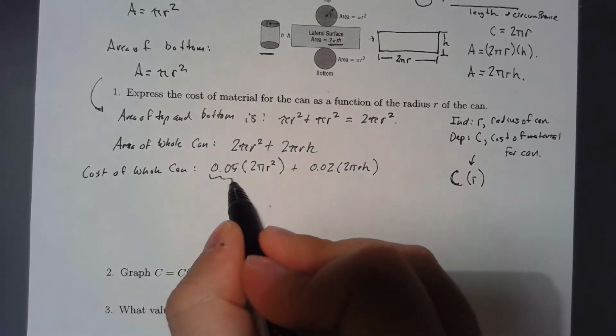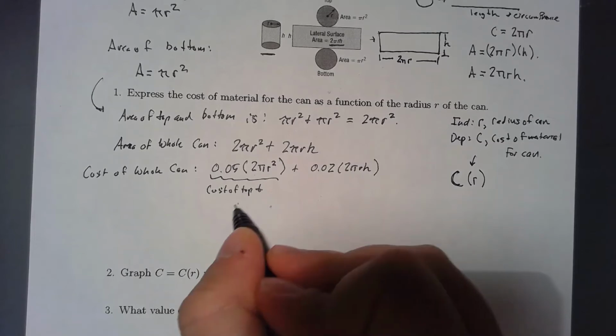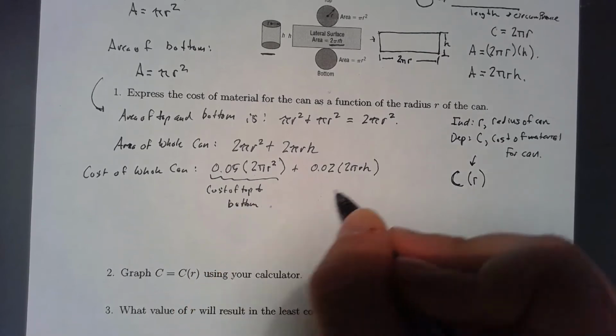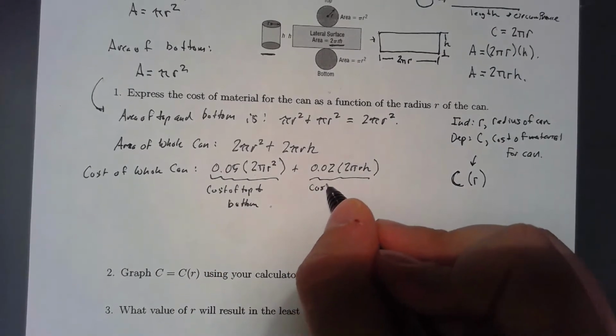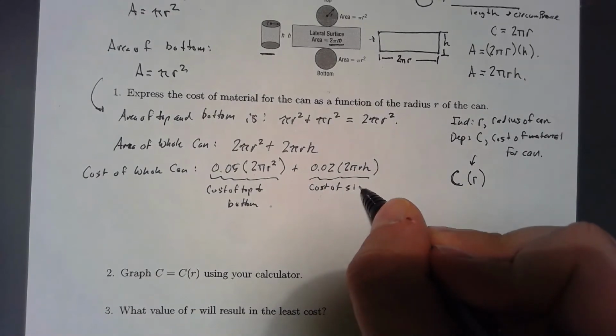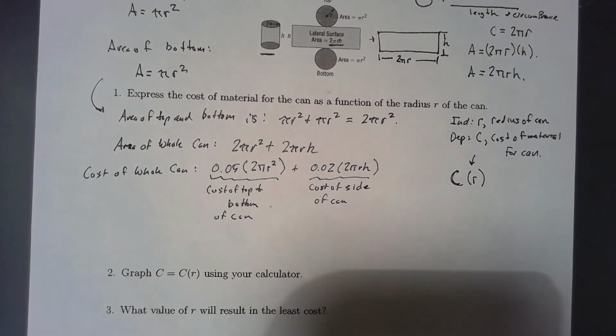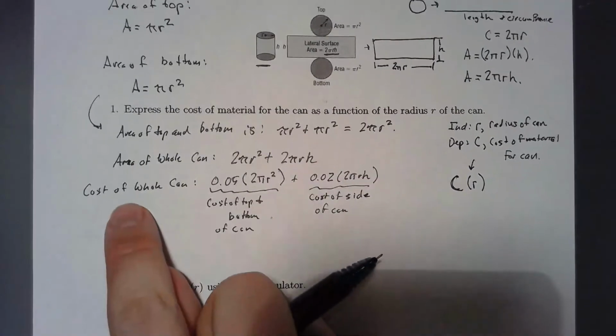So this is the cost of the top and bottom, and this right here is the cost of the side of the can. And you add them together because that would give you the cost of the whole can.